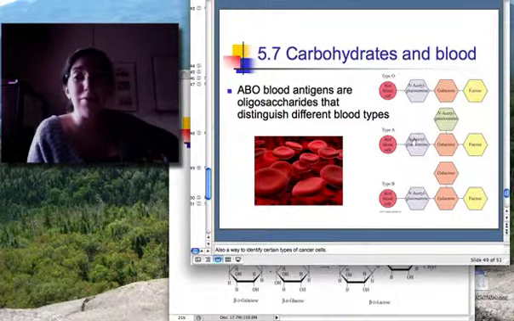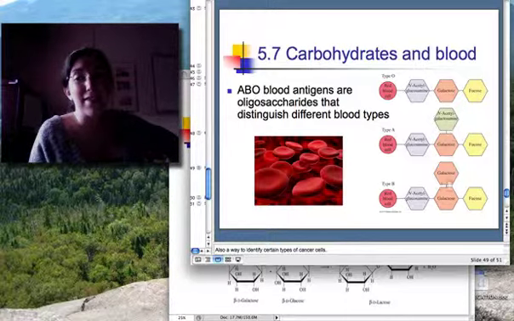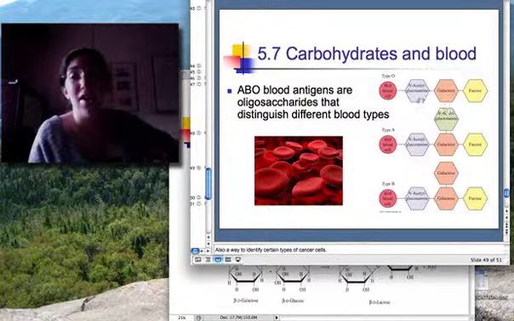You don't have to memorize these or anything. But what you do need to understand is that the body makes antibodies towards this extra group that sticks off the oligosaccharide. So type O doesn't have anything sticking off of it. So there are no antibodies that are made towards type O blood.